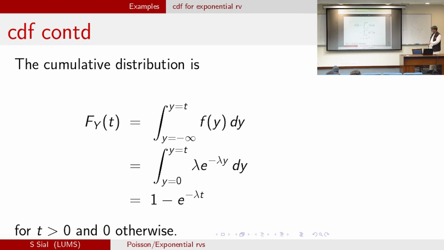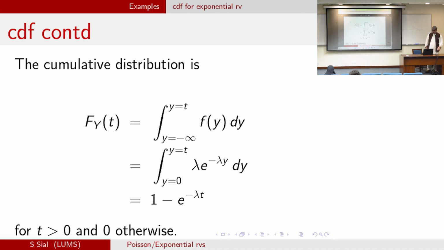And remember, we're using lambda and beta here, so this would be minus t over beta if you wanted. Do you want to see how to get this?